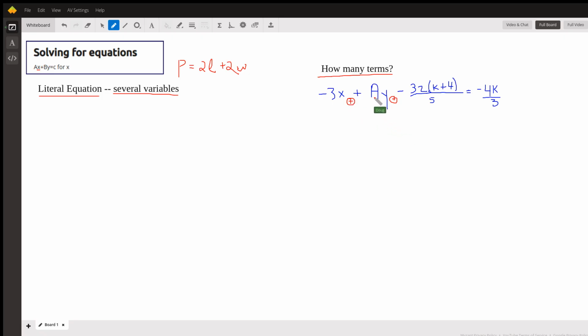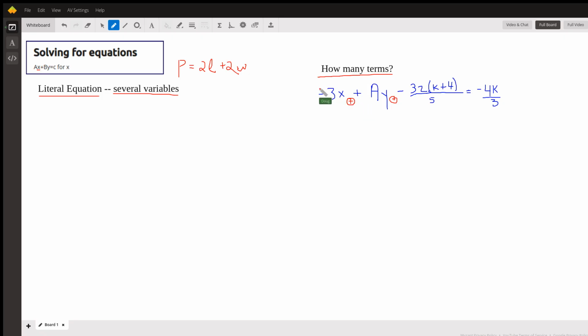So 8 plus ay is a term, and negative 3z times the quantity k plus 4 all over 5 is a term, equals negative 4k over 3. So terms are algebraic expressions and numbers that are being multiplied or divided. And again, when you write out an equation, the sign of a term is the number in front of it, and there's understood plus signs separating the terms.